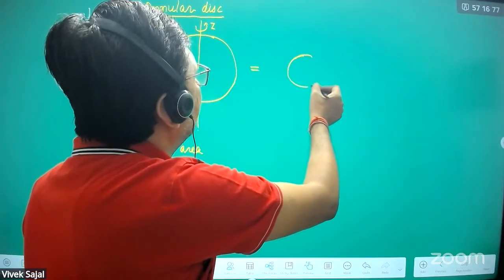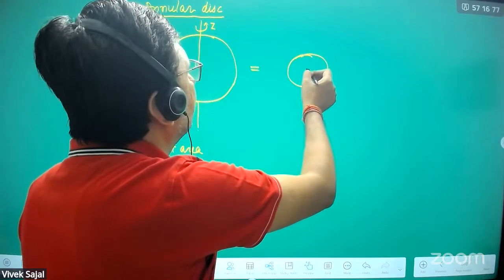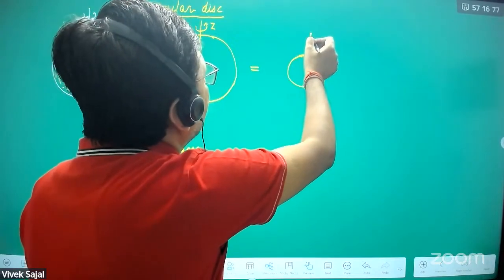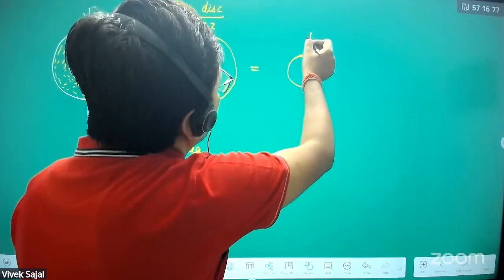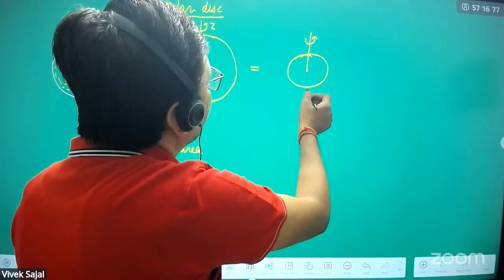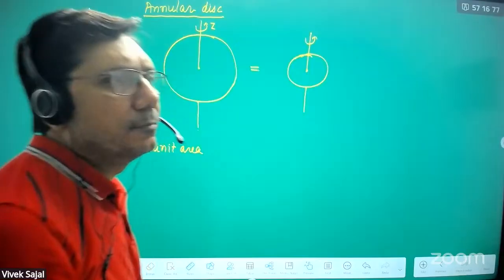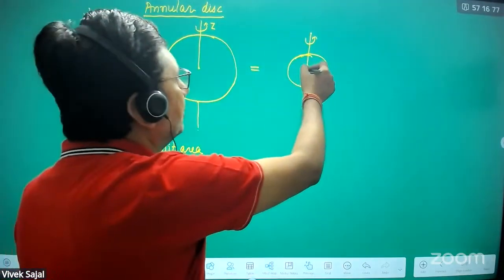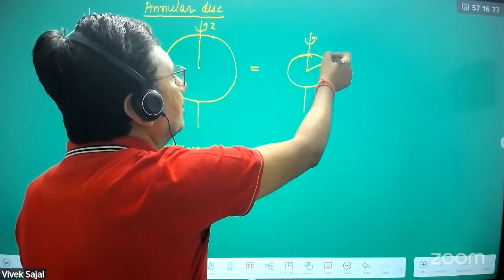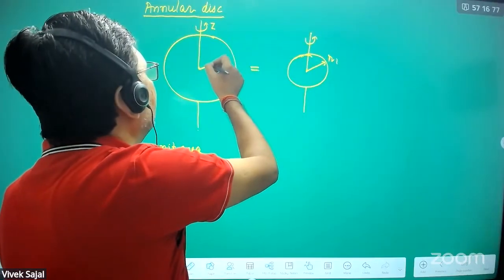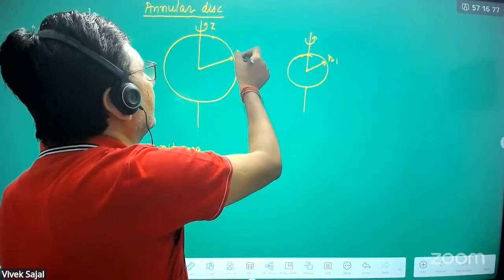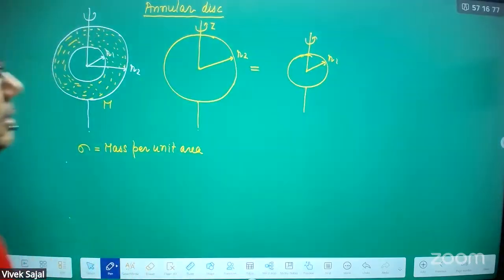This is the inner part. ठीक है? And this is the z-axis. Z-axis बेटा. This radius is R1 और ये जो पूरा डिस्क है इसका रेडियस कितना है? That is R2. Radius of this is R2.